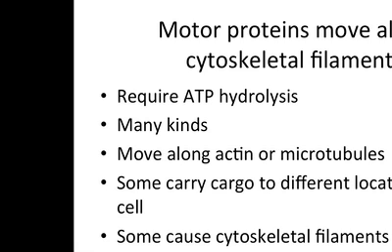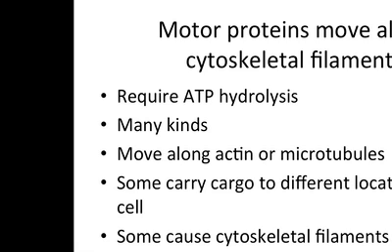There's always going to be ATP binding and ATP hydrolysis associated with the movement. There are many different kinds of motor proteins, and we'll talk about 3 different classes of motor proteins. Some move along actin, and some move along microtubules. They're specific to the track they walk on.